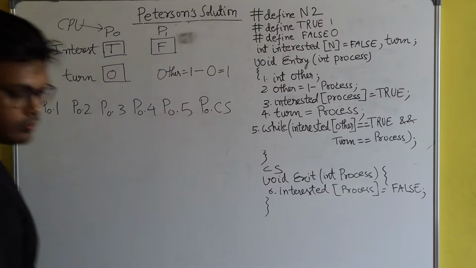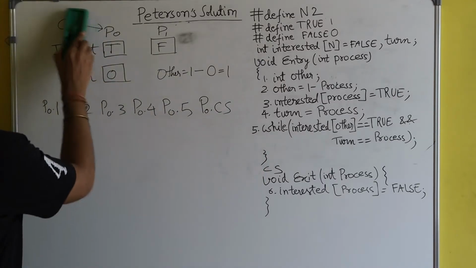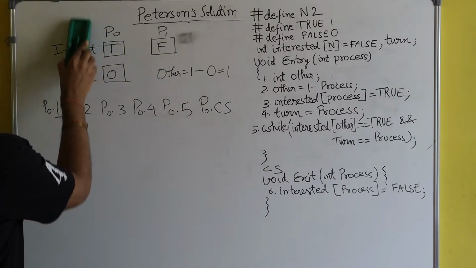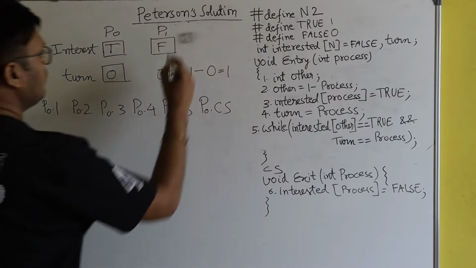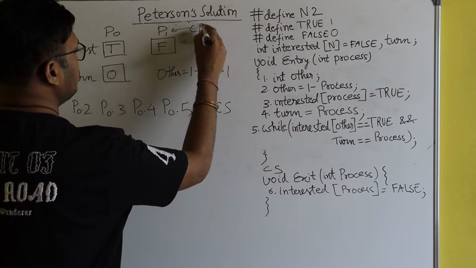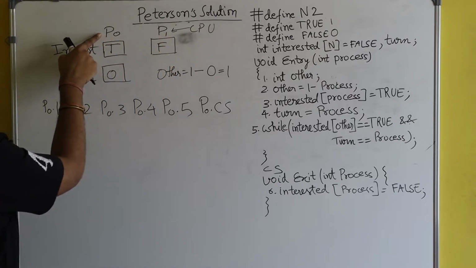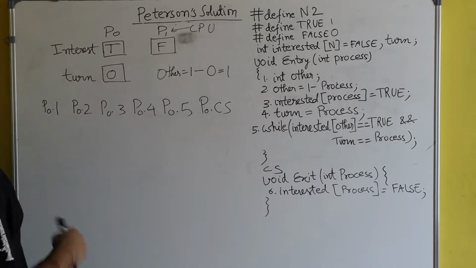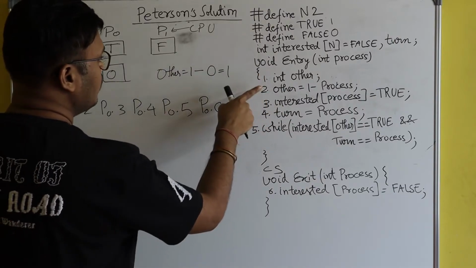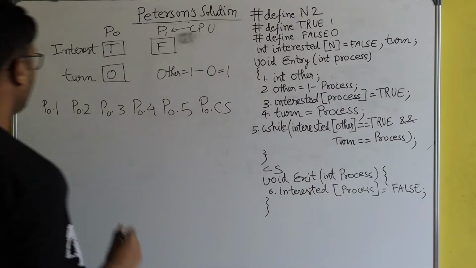So now the CPU is with process P1. This time the process is P1 and other is P0. Okay, let's see how. So now P1 will execute line number 1.